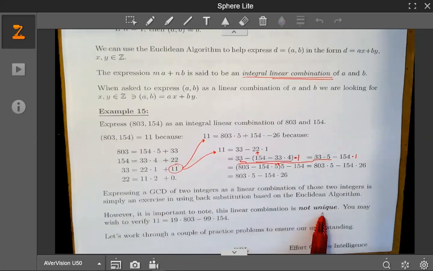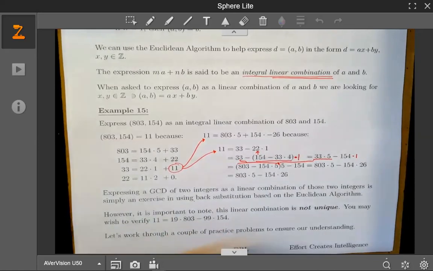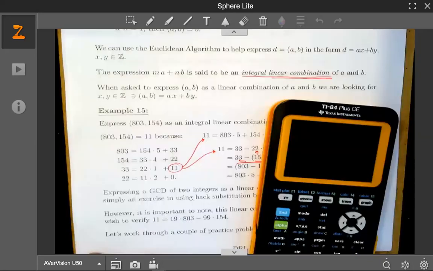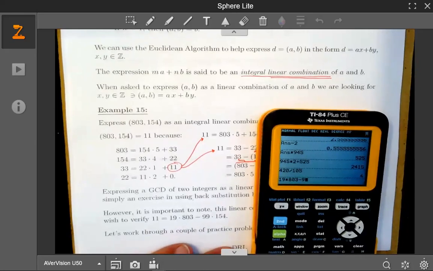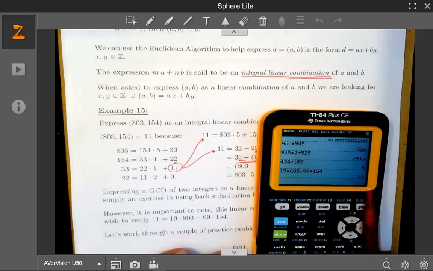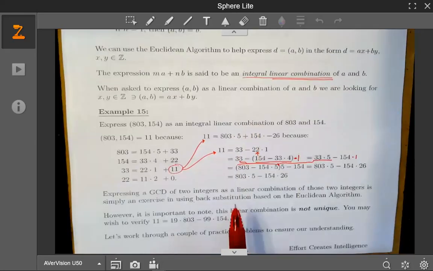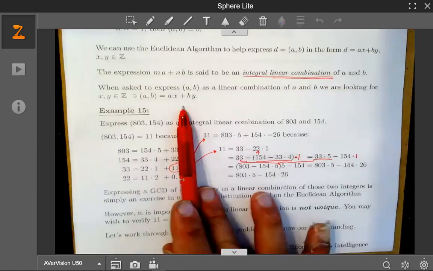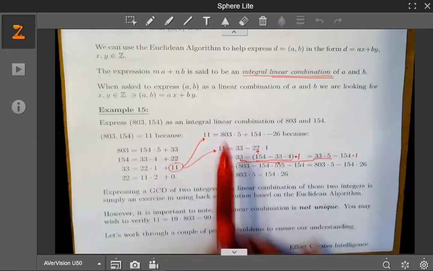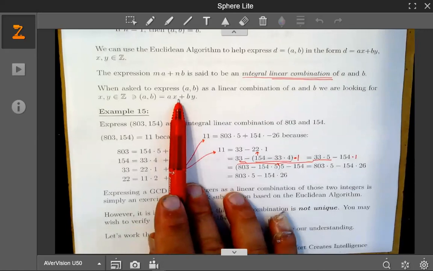You may wish to verify that 11 is equal to 19 times 803 minus 99 times 154. We could come over here and ask, what is 19 times 803 minus 99 times 154? That is 11. So we are able to express this 11 in the form ax plus by with, in fact, an infinite number of x's and y's.